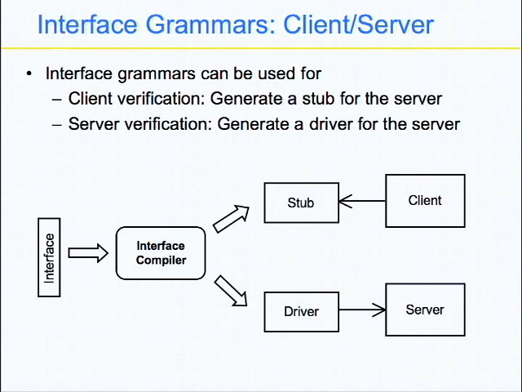Then our interface compiler generates a stub for that web service, which I can use to check my client, which is calling the web service, to make sure that it's passing appropriate arguments or the operations are called in the right order. Or I could generate a driver to check the implementation of the service, to make sure that my understanding of the interface is correct with respect to the implementations that are out there, because maybe I misunderstood what I'm supposed to do. How am I supposed to interact with the service, right?